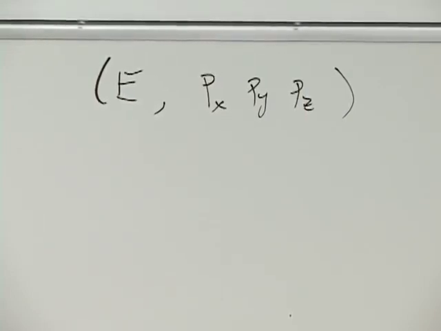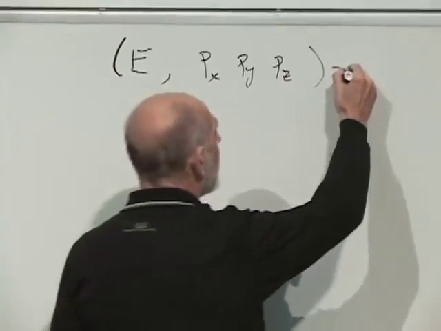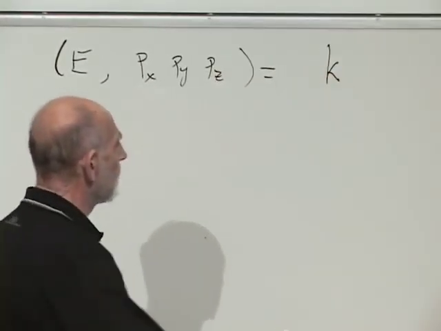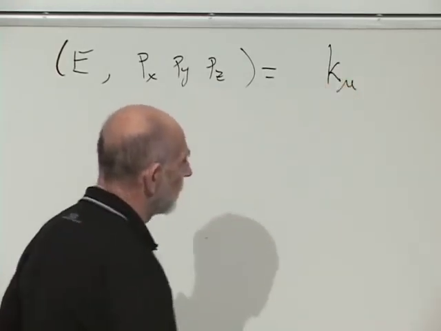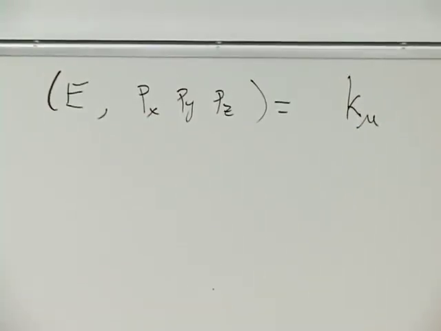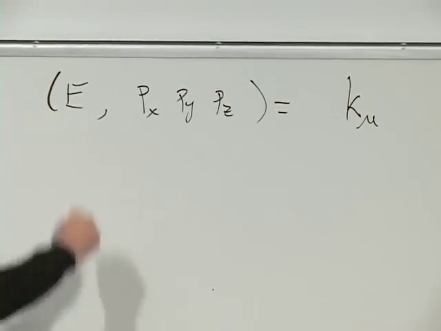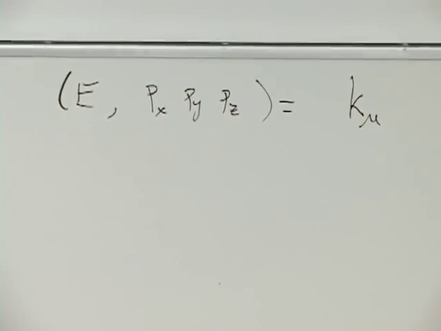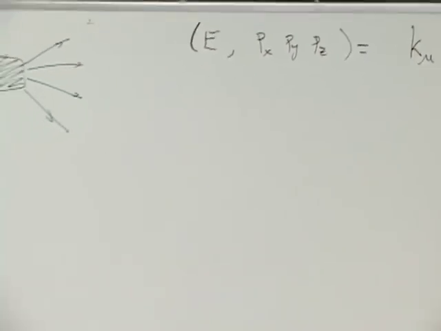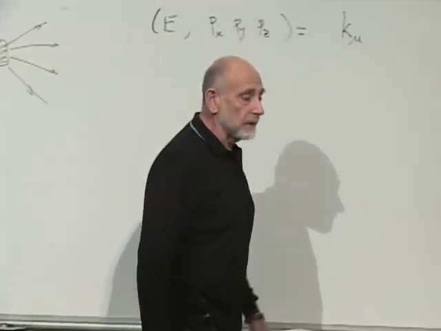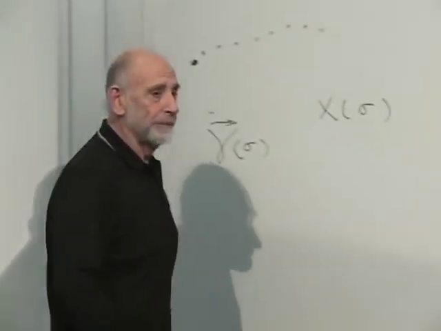Each particle has a momentum, and we're going to call it K. K mu, where mu goes from 1 to 4. Or from 0 to 4, from 0 to 3. This is usually called 0, 1, 2, 3, doesn't matter. 4 components of momentum. Now, what do we know about the components, the 4 components of momentum of a particle?